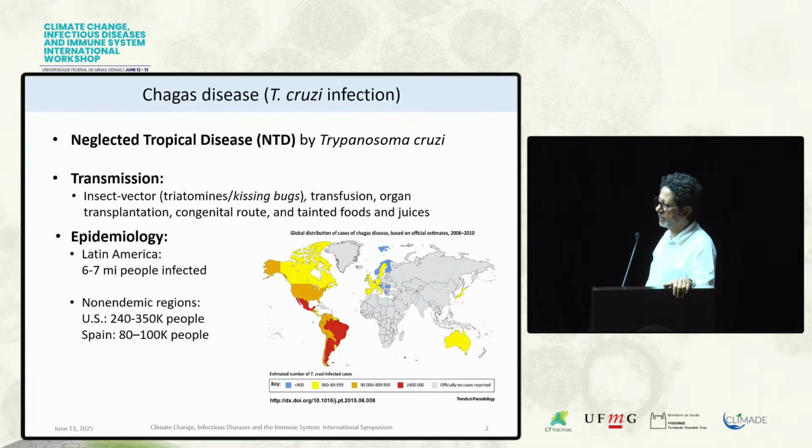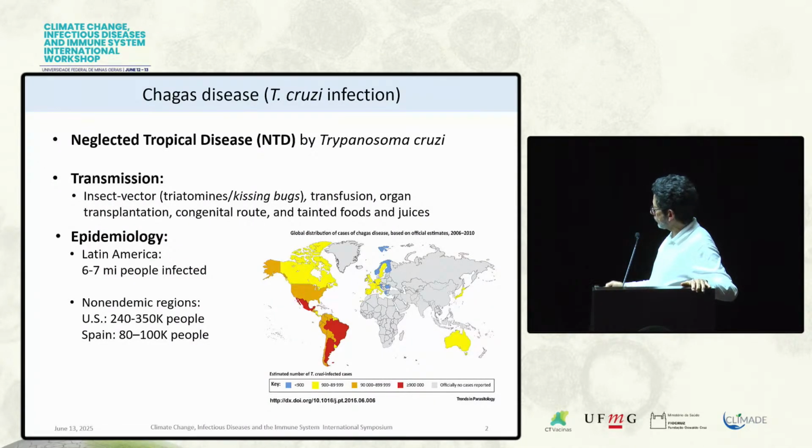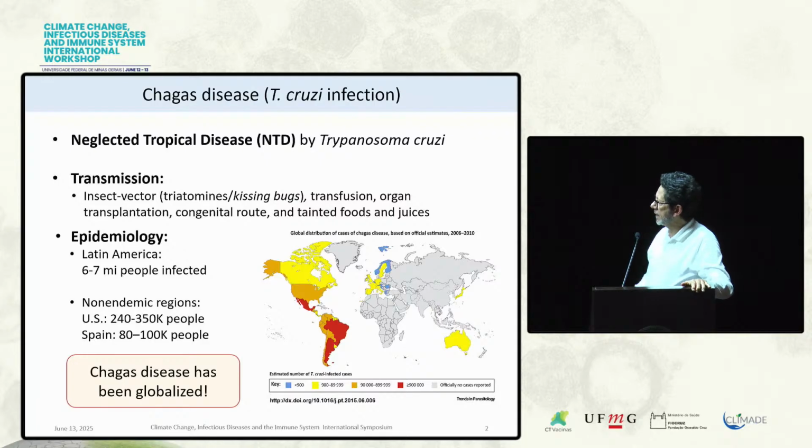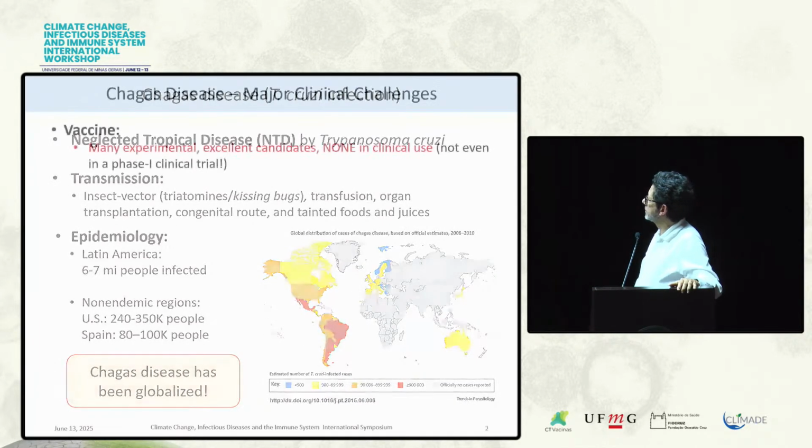In Spain, there are about 100,000 people infected, and most of them came from Bolivia during the 80s and 90s, a huge migration to Spain. So Chagas disease has been globalized. You can find Chagas all over the world, in Africa, in Asia, in Japan, Australia, and basically everywhere in Europe, and so the numbers are going up.